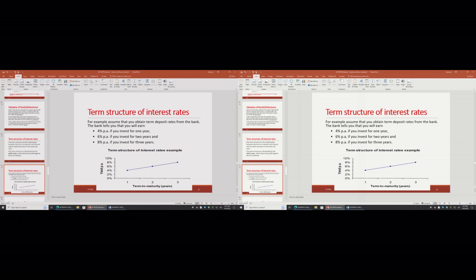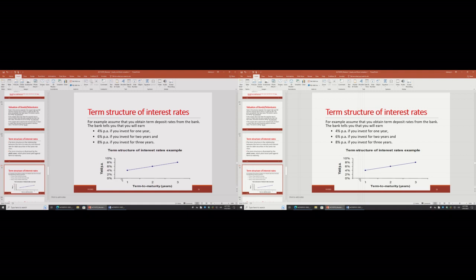Okay? If you want to plot the term to maturity and this annual return, this is what they call the term structure, the relationship between the term to maturity and the yield. And in this case, you can find this is upward sloping, right?